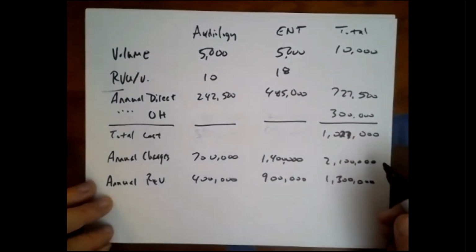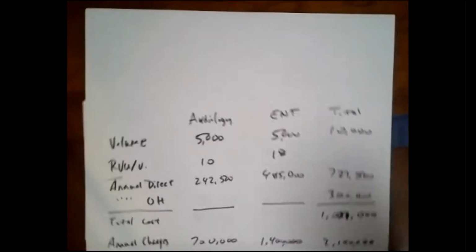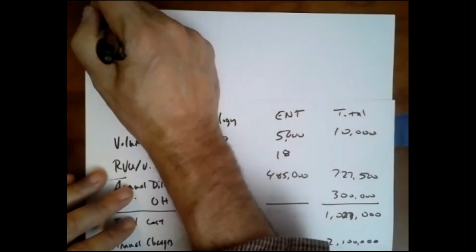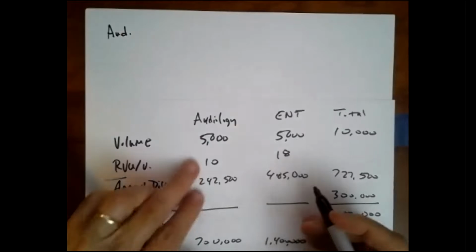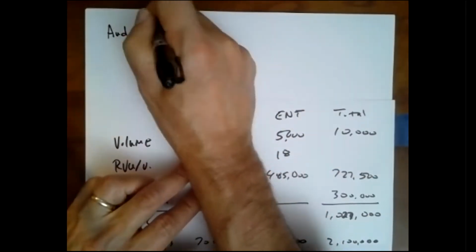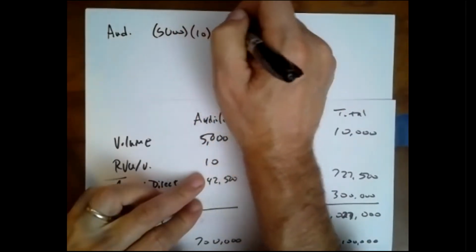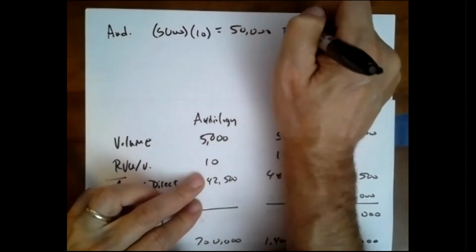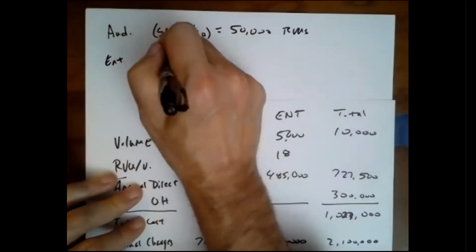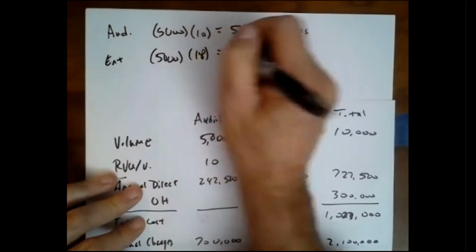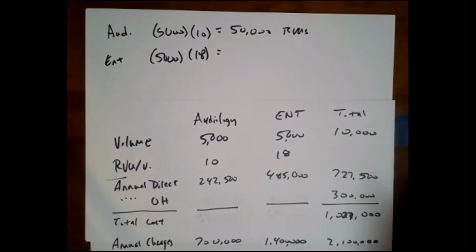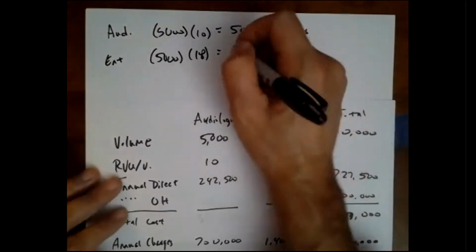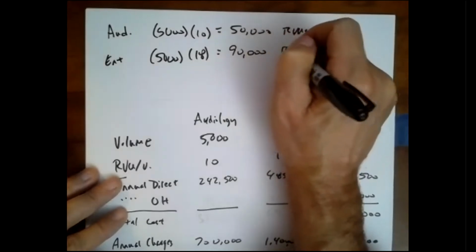So what we first need to do is calculate the total number of RVUs for each clinic. So audiology, total RVUs is going to be 5,000 visits times 10 RVUs per visit, which gives me 50,000 RVUs. And ENT has 5,000 visits times 18 RVUs per visit, which gives me 90,000 RVUs.